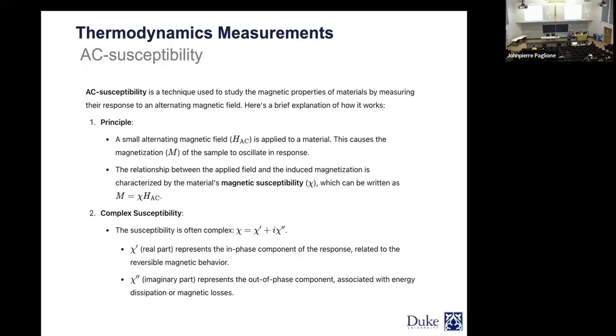Okay, I'll show you some data later on. So chi prime is typically the real part of the AC susceptibility. The AC susceptibility is chi prime plus i chi double prime, and chi double prime is the imaginary part. These are related to the phase and the frequency that you're applying to the system.